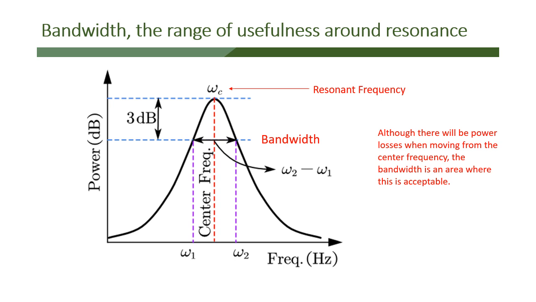So although an antenna only has one center frequency, we know that the antenna will work on a wider range of frequencies, not as efficiently as at the center frequency, but efficiently enough that we can use it without significant losses. So again, although there will be power losses when moving from the center frequency, the bandwidth is an area where there is an acceptable amount of losses compared to our gains in transmitting.